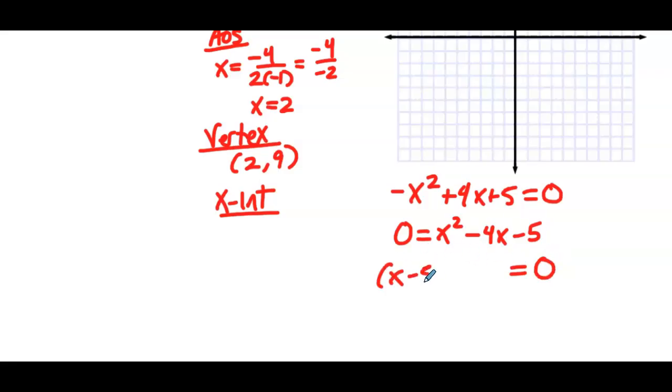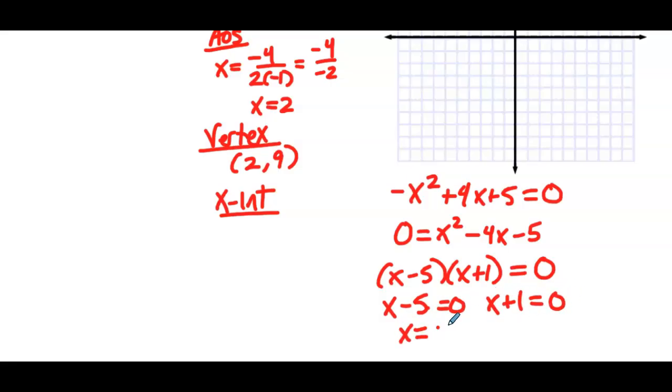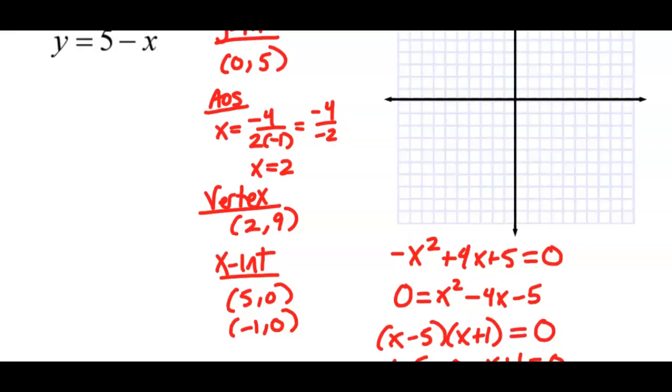So we have x minus 5 times x plus 1 as our factors. So that means either x minus 5 equals 0 or x plus 1 equals 0. So either x equals 5 or x equals negative 1. So we have 5 comma 0, negative 1 comma 0 as our x-intercepts.